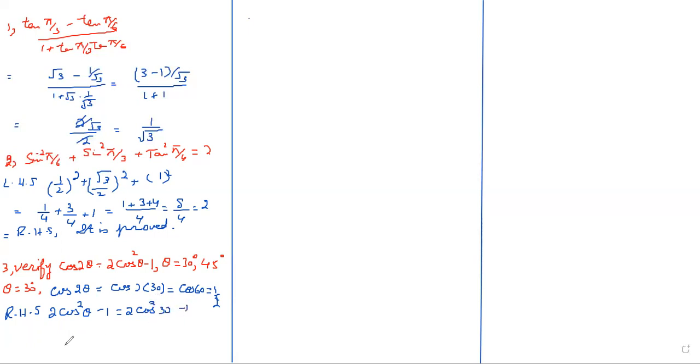So 2 times root 3 over 2 the whole square minus 1 equals 2 times 3 over 4 minus 1, which equals 3 over 2 minus 1, which equals 3 minus 2 over 2, which equals 1 over 2, which equals the left hand side. So it is verified.